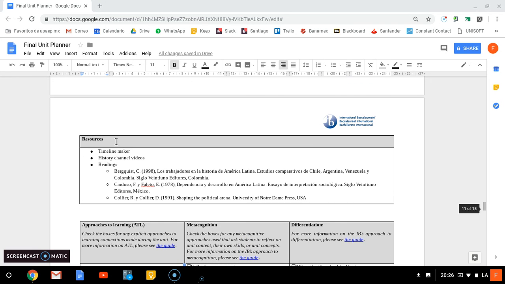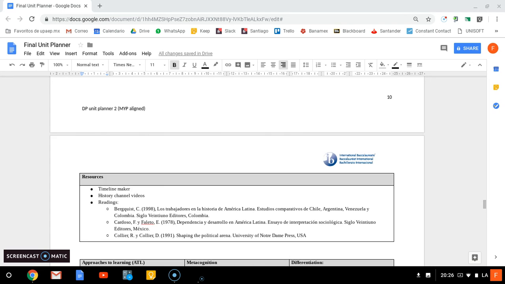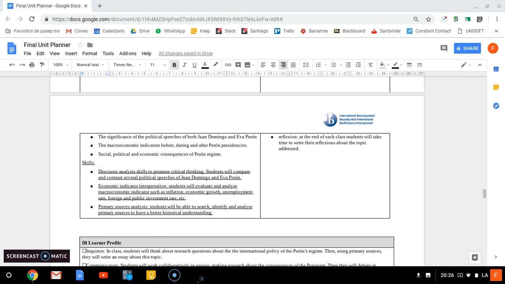Of course, the relationship with the approach to learning and teaching, metacognitions, the IB learner profile. What I would like to focus on in a different topic in this meeting, because we all are very familiar with the DP.